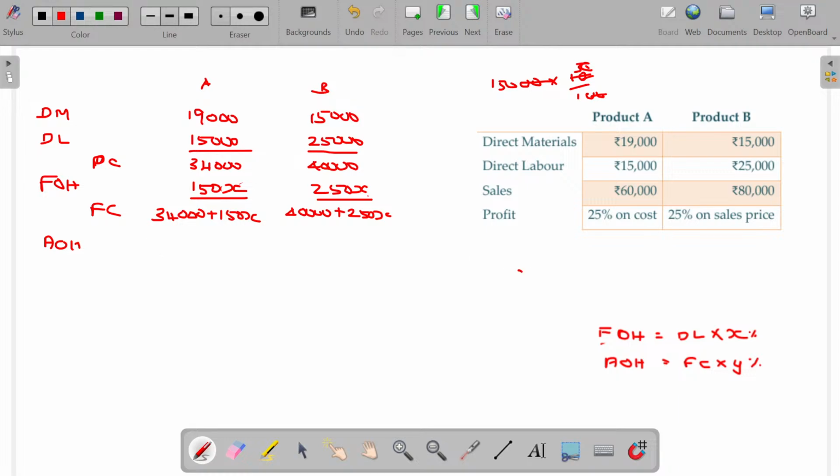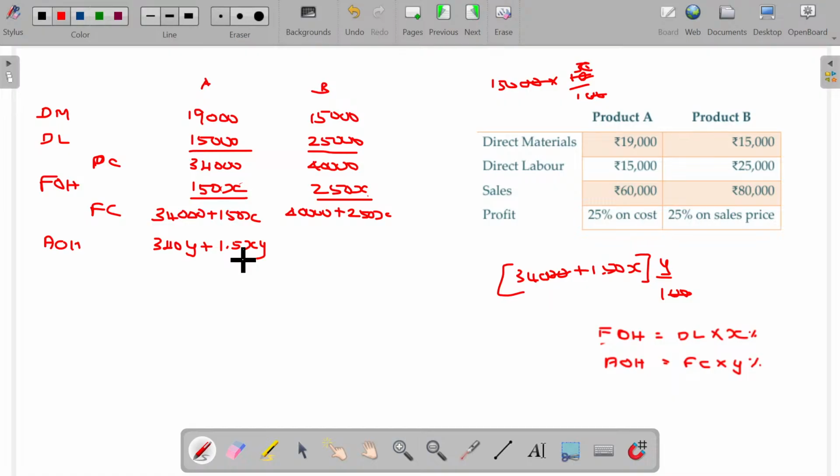Okay, so 34,000 plus 150x multiplied by y percentage. Y percentage, y by 100. Naturally, what happens? You can do it this way: 340 plus 3.40y plus 1.5xy.